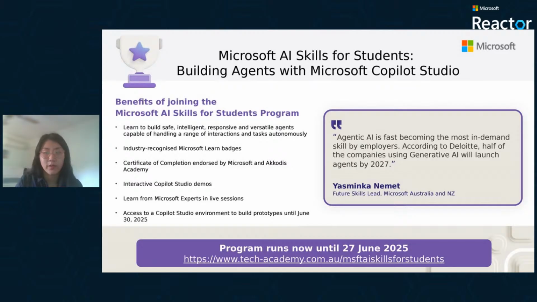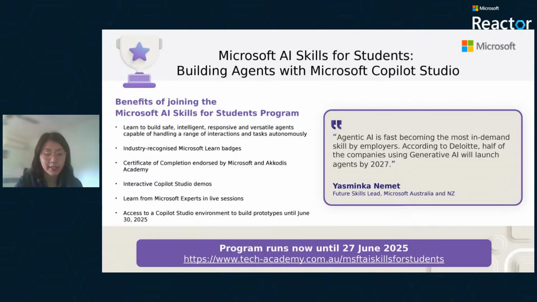Adding on to that, what benefits will you get from joining this program? Now this is a practical training program, so you will learn how to build agents, and our trainer will show you how you can do this in Copilot Studio. You'll also get industry recognized Microsoft Learn badges and a certificate of completion endorsed by Microsoft and Acodus Academy.